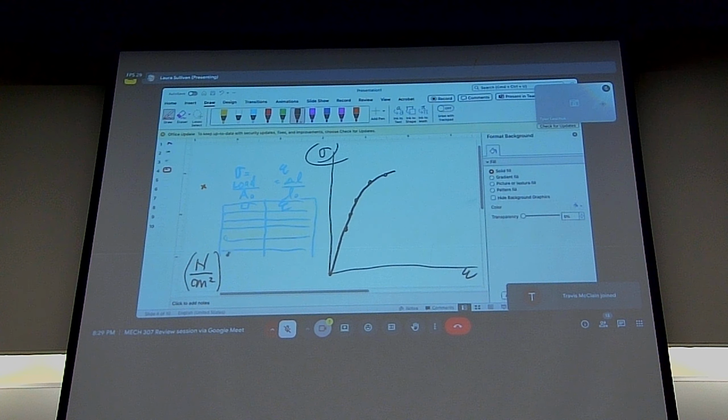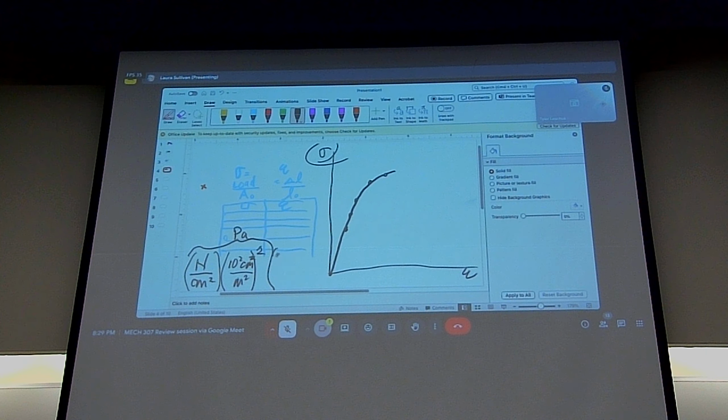So step by step, I would multiply by 100 squared, 10 to the 4th centimeters per meter squared. And then these are now pascals.